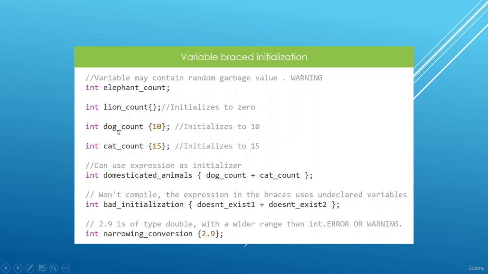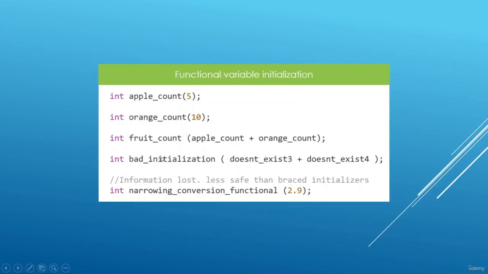Okay, here we have mostly used curly braces to initialize our variables, but we can also use parentheses, and this is usually referred to as functional variable initialization because we are using parentheses. And this is mostly going to do the same thing we saw in the last slide with curly braces.